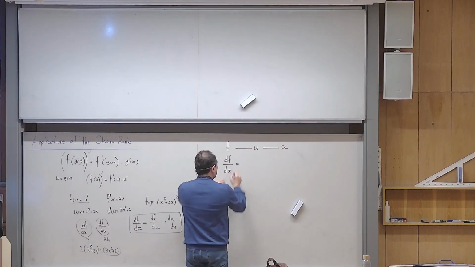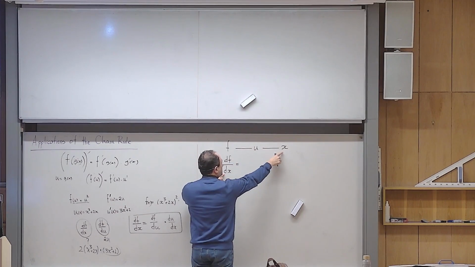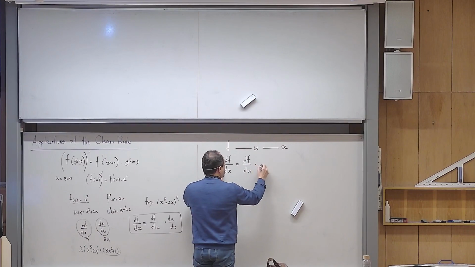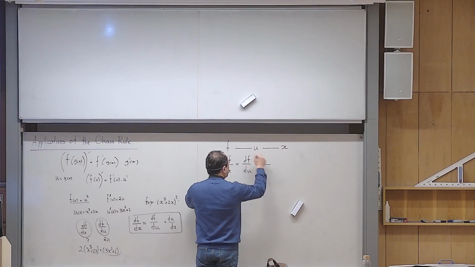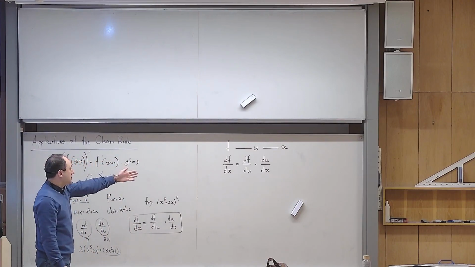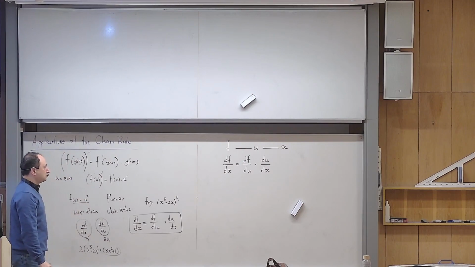This tells you that to answer this question, because this connection is not direct, you can do it like this. You can take the derivative of f with respect to the intermediate variable u, but you have to multiply by the derivative of this intermediate variable with respect to the final variable. Memorize this form. By the way, that's exactly the chain rule. Yes. That's exactly the chain rule.